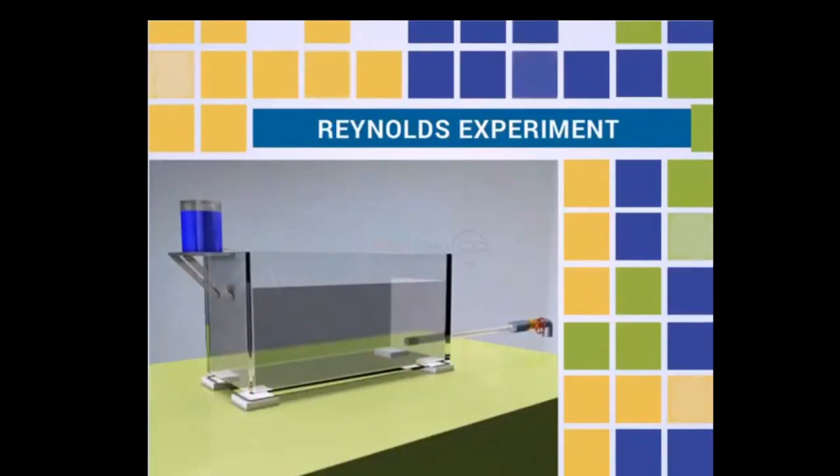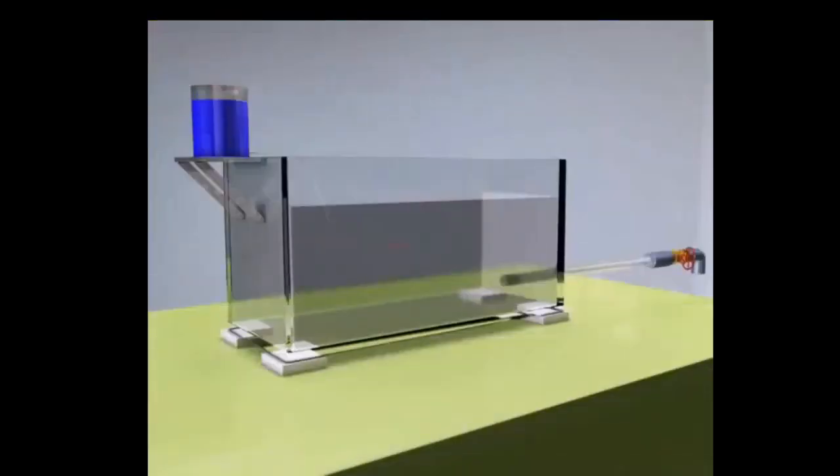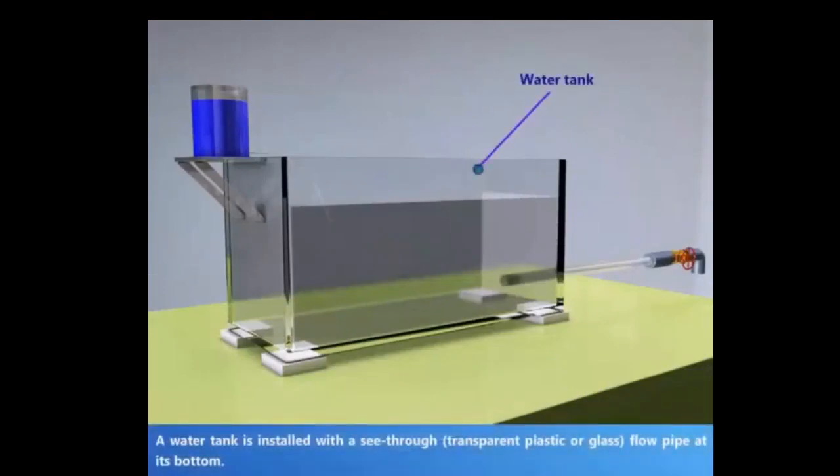See, this is a Reynolds experiment. A Reynolds experiment consists of a water tank, which is fitted with a horizontal glass tube, through which the water can flow.